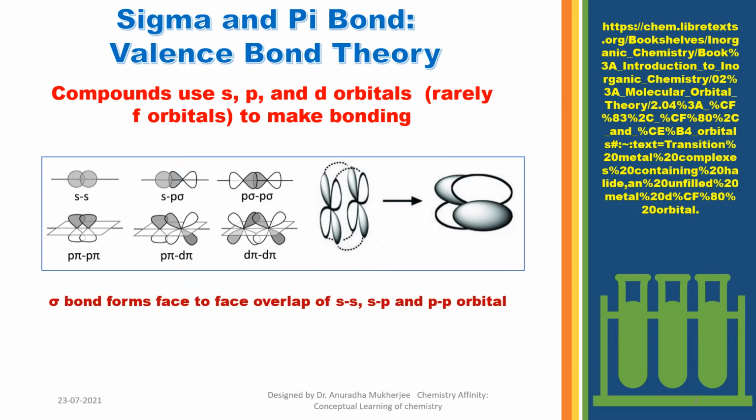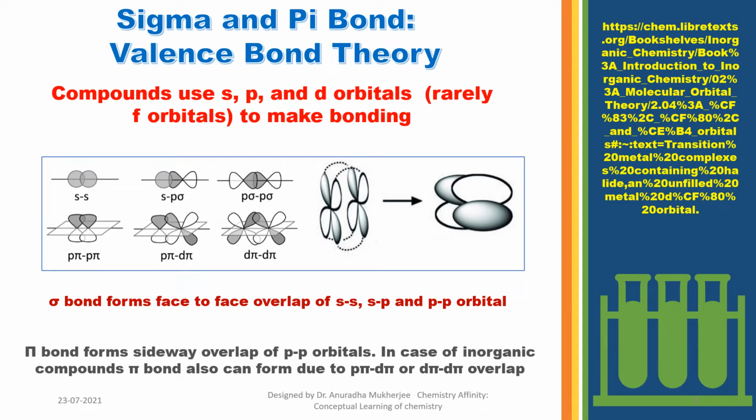So I think now it is clear to you what is the main difference between a sigma bond and a pi bond, and that's the main essence of the valence bond theory. When there is a face-to-face overlapping, that is called sigma bonding. When there is a parallel overlapping, that is called pi bonding.